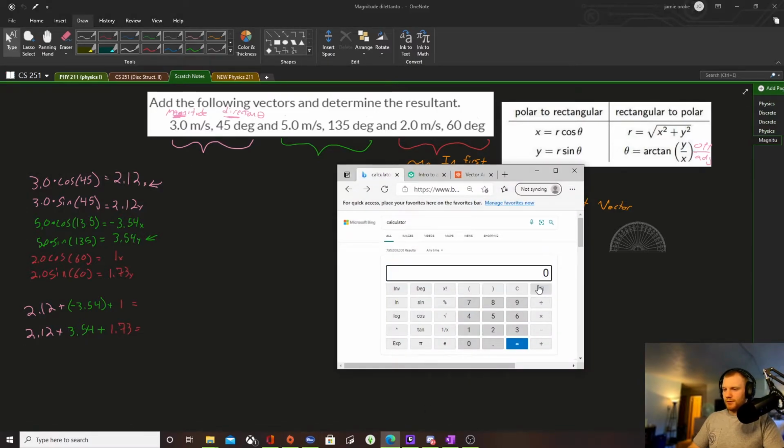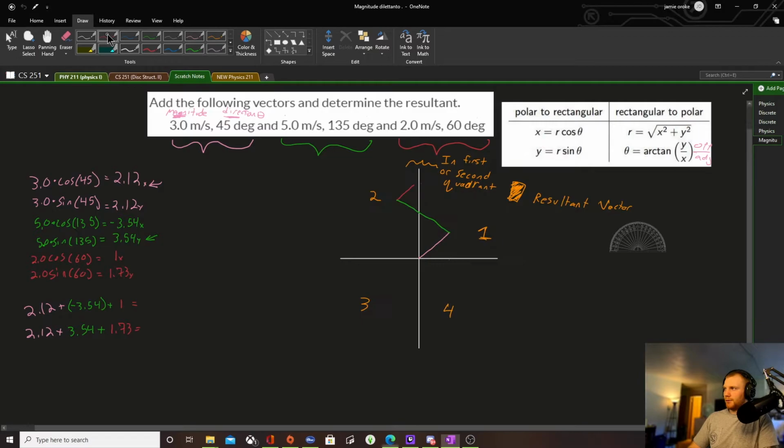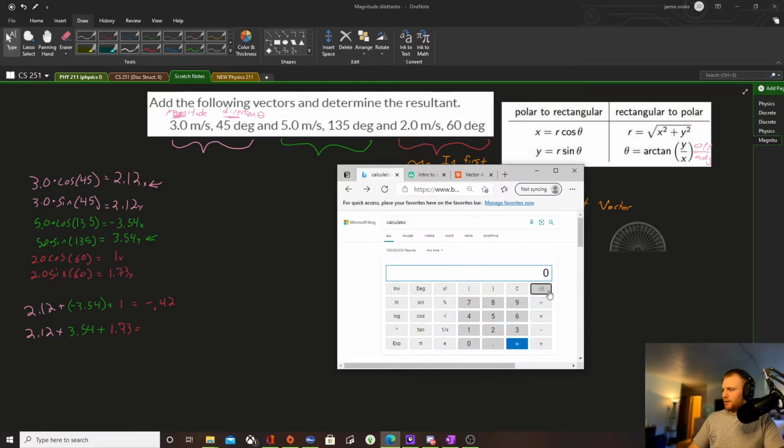So just crunching that through the math, the x coordinate equals negative 0.42, and the y is just adding all the y coordinates together, 7.39.